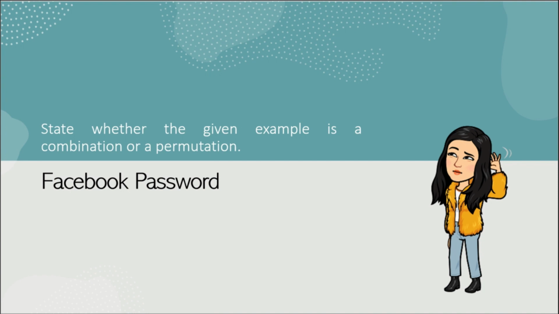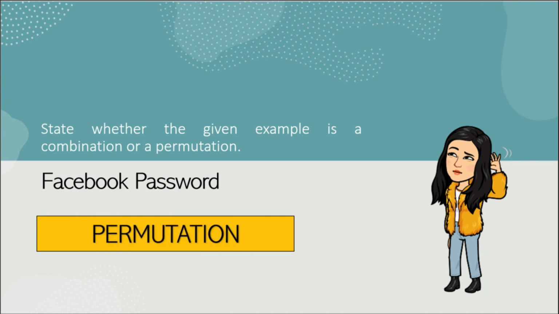If we rearrange them like 6, 5, 4, 3, 2, 1, what do you think will happen? Will your Facebook log in? Definitely not, because it must be the same as 1, 2, 3, 4, 5, 6. Therefore, since the order is important, a Facebook password is considered a permutation.